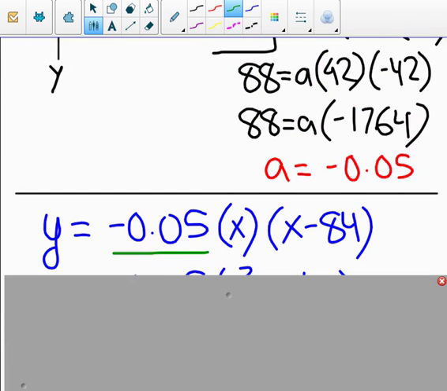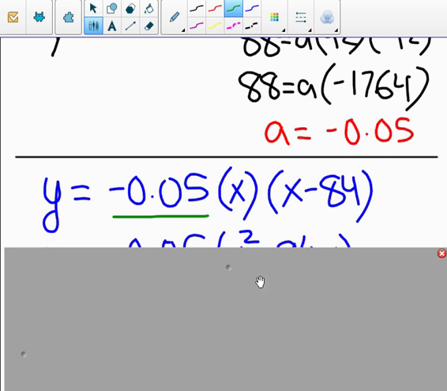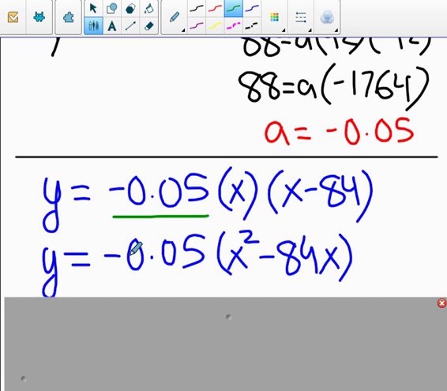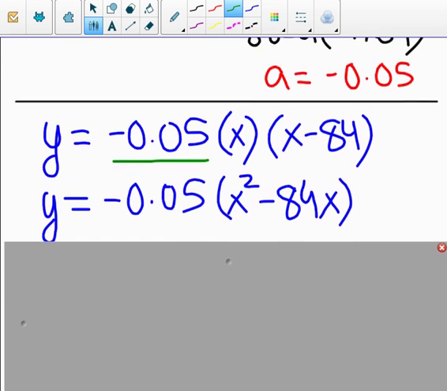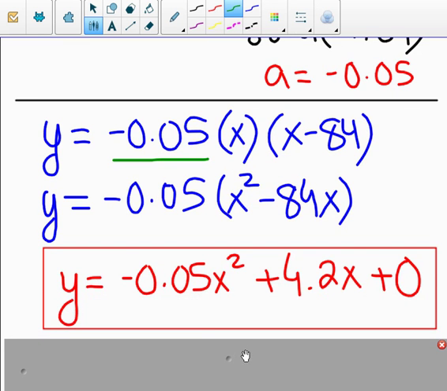Now we have negative 0.05 times x and x minus 84. Y equals negative 0.05 times x squared, because x times x is x squared, and x times negative 84 is negative 84x.